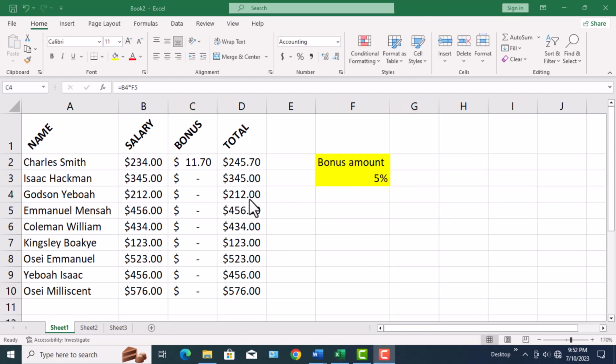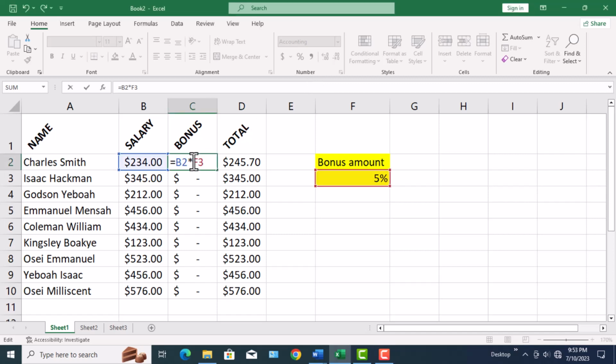For us to solve this situation, we have to do something to the formula. What I'm going to do is put a dollar sign before F, and then another dollar sign after the F, before the 3.